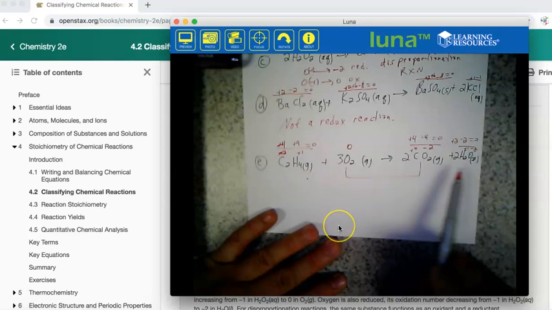So what is stoichiometry? Stoichiometry is basically a way to mathematically determine the amount of reactants you need in order to produce a certain amount of products. And you'll find with the math you can actually go different ways.